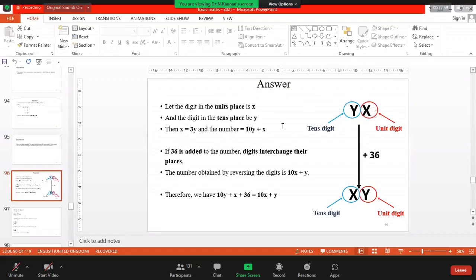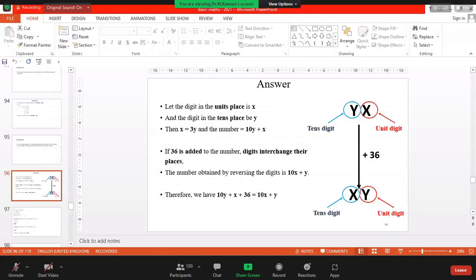What would the number be? This is the tens place, so the number is 10y plus x. If you add 36, you change the position: x becomes y and y becomes x.